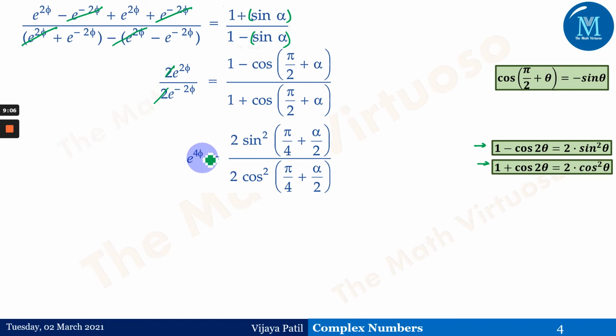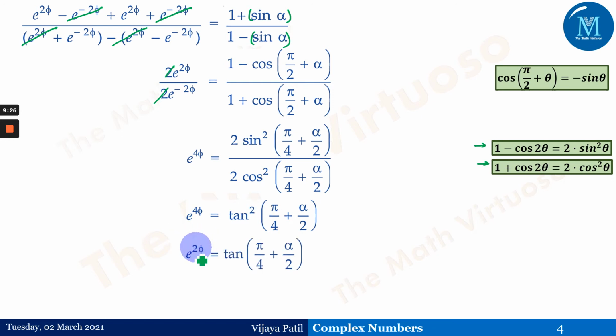Alpha nahi, phi, it's a phi here, right? Oh, okay, and therefore e to the power 4 phi is equal to tan square of pi by 4 plus alpha by 2. This is again because sin square upon cos square will give us tan square with the same angle, because we have the same angle for sin square and cos square, and that is the reason we have got this.